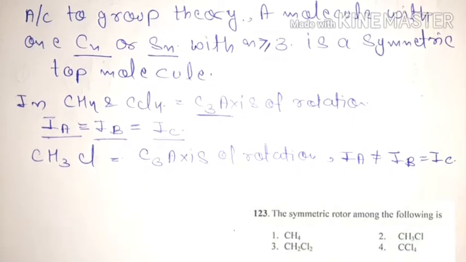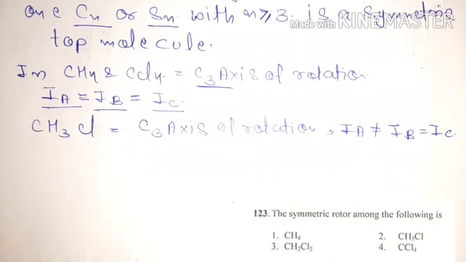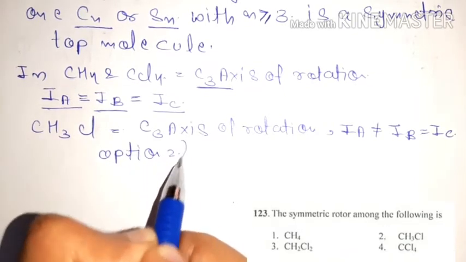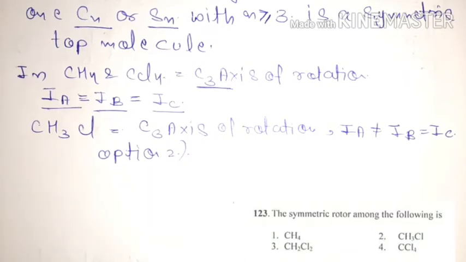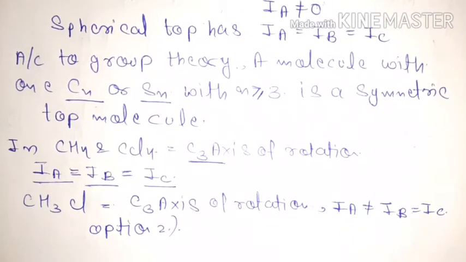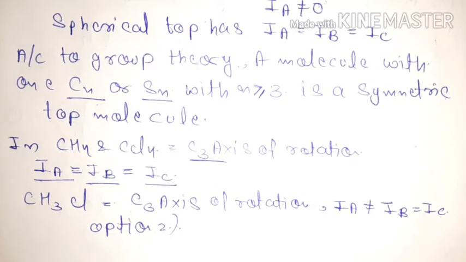So it follows both conditions. So out of your four options, the CH3Cl molecule is a symmetric rotor or symmetric top molecule, that is option number second. Understand? See once again the solution of this question. It is a very simple question, friends. I hope you understand it. This can be solved by group theory also.